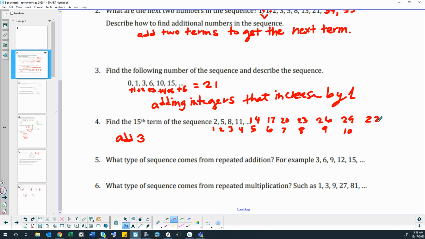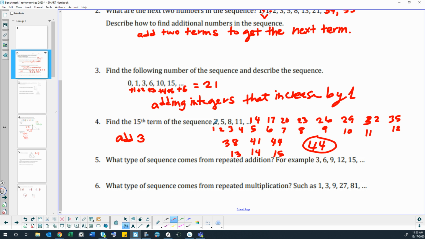Let's see, 32. 32 would be our 11th number. So then add 3, we get 35 for our 12th number. Add 3 again. So that would be 38 for our 13th number. And then 41 for the 14th number. And then add 3 one last time and we get 44 for our 15th number. So the number that's the 15th number would be 44.